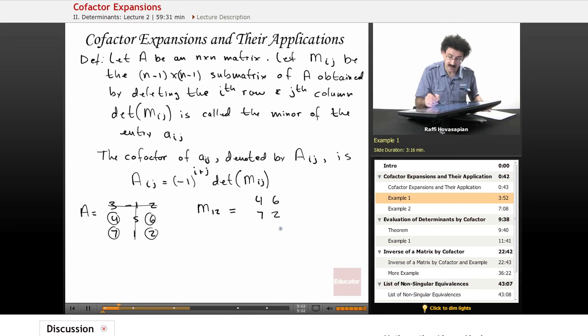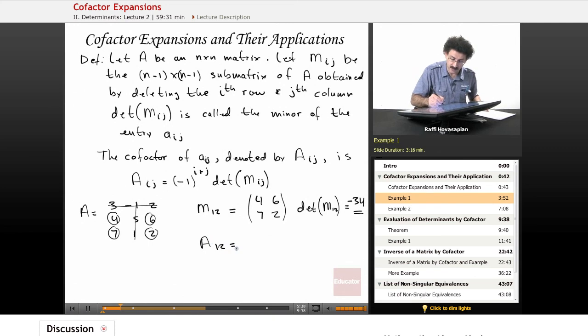Now, if we take the determinant of this M12, and again, the determinant of a 2 by 2 matrix is just that times that minus that times that. So it's 2 times 4 is 8, minus 42. What we end up with is minus 34. So let's put that aside for a second. We have the determinant of the minor, and then we have the cofactor.